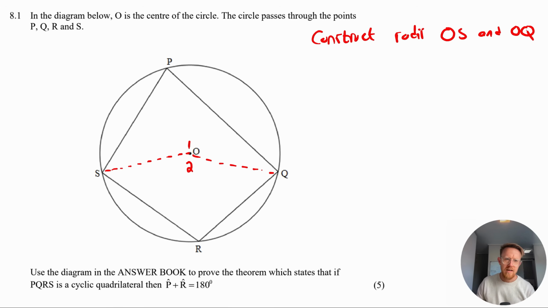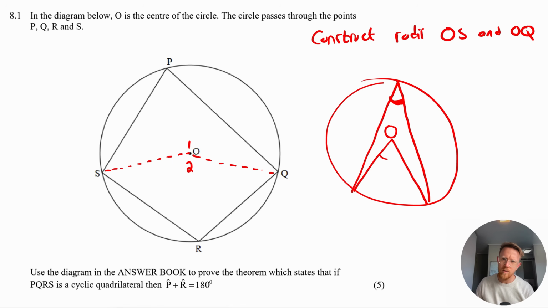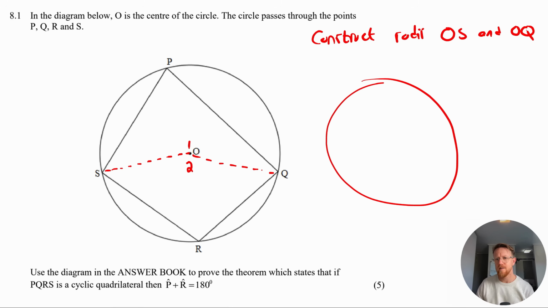Now, what do we know if we have a circle and an angle at the center? What do we know about this angle compared to this angle? Well, we know that the angle at the center is double the angle at the circumference because of angle at center equals 2 times angle at circumference. That's the reason.